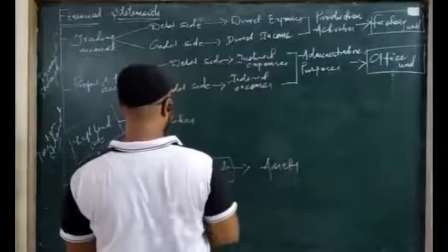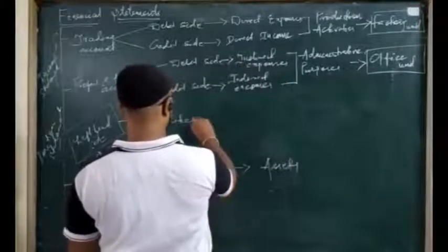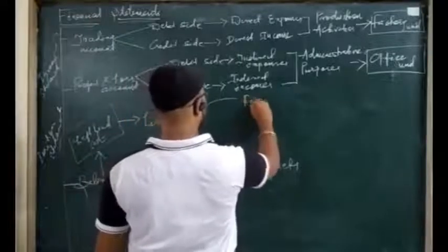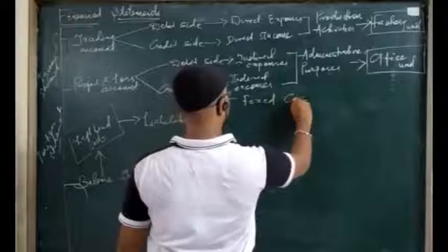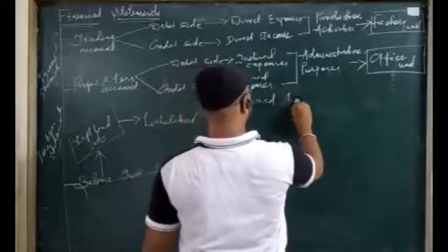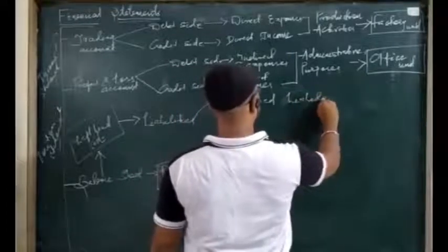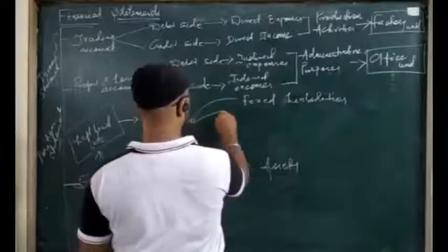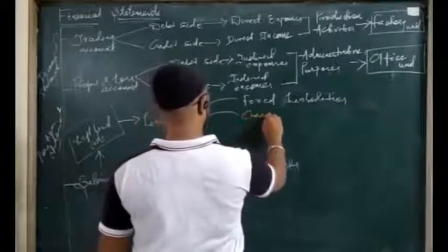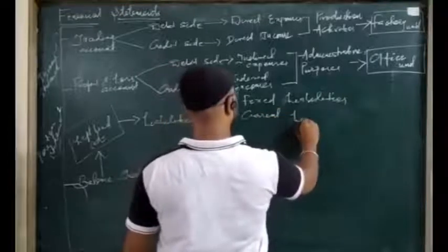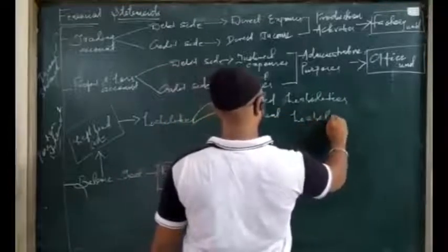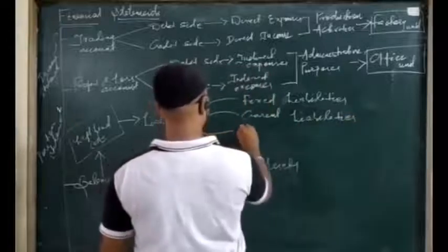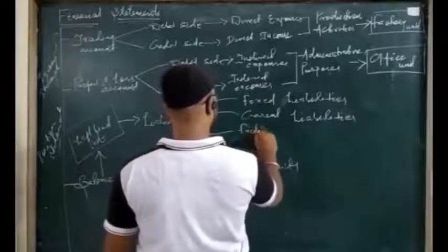So liabilities are of certain types. First is your fixed liability, where you write your capital adjustments and long-term loans. Then you have current liabilities. Again, you have fictitious liabilities.